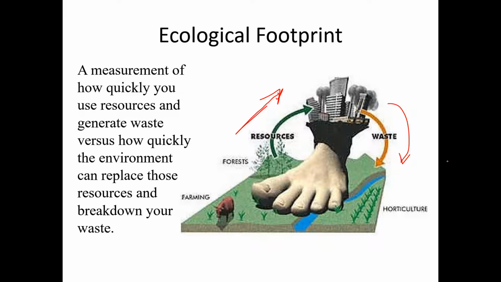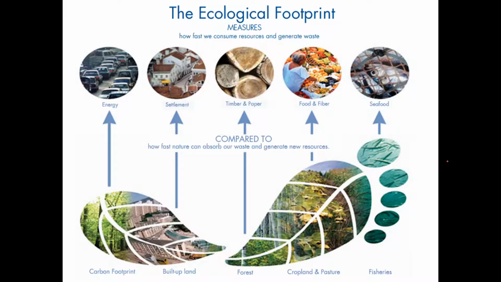It's just that if you exceed what the environment's able to do, that becomes a problem situation. And it's looking at our usage of resources like food items, lumber we talked about, land itself, energy resources, and then again the ability to absorb that waste and break it down and to replace what we've used.